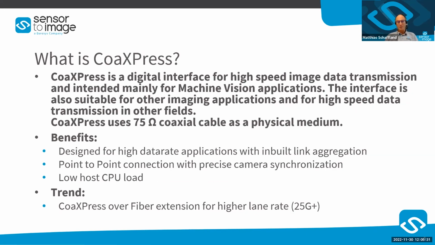Similar with CoaXPress: from its origin, CoaXPress is a copper-based protocol. Here an extension exists, so it can be used over fiber as well. This again opens the door for higher speed, higher lane rate applications with 25G or even more per connection.